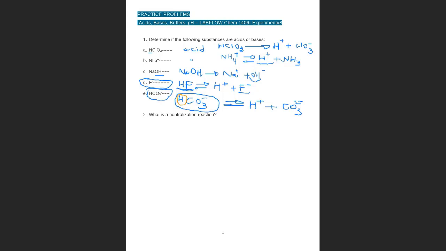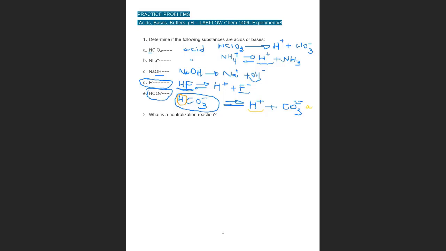If it accepts a proton, it's a base. And if it can do both, it's both. It's amphoteric, like water. So in this case, because it can donate, this equation says it's an acid.